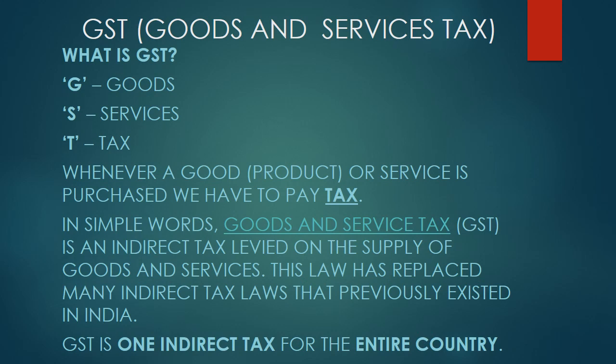Goods and Services Tax. The full form of GST: G stands for goods, S stands for services, T stands for tax. Whenever any good or any item or any product or any service is purchased, we have to pay some amount of tax.